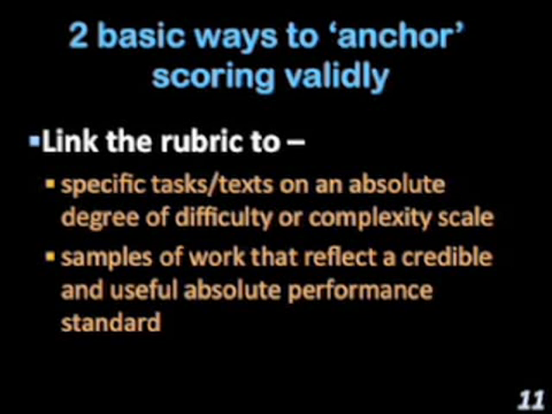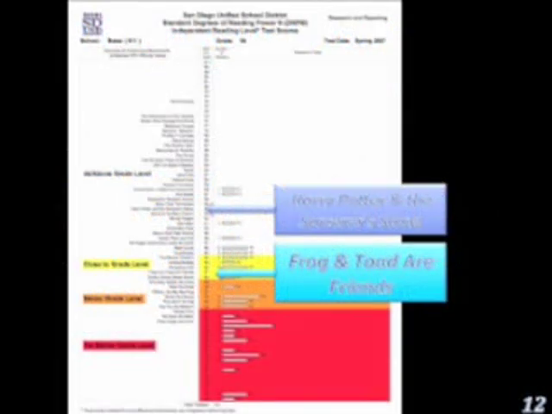Let's look at some examples of these methods in action. This first example is a report card in literacy that's used in the San Diego, California elementary schools. It uses the degrees of reading power, which is an absolute scale, it's not a relative scale, that ranks the degree of difficulty of texts.